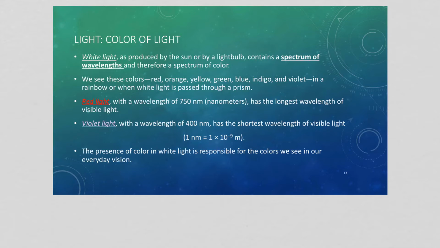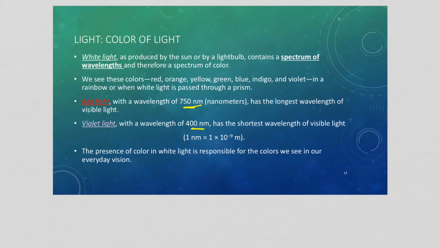Now, if we look at the extremes of the light that we can see, at one end we have the red light. Red light has the longest wavelength that we can perceive, about 750 nanometers. The shortest light that's visible is what we would see as violet light, and it has a wavelength right around 400 nanometers.